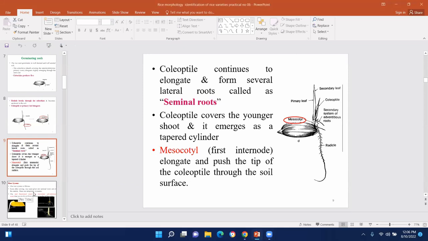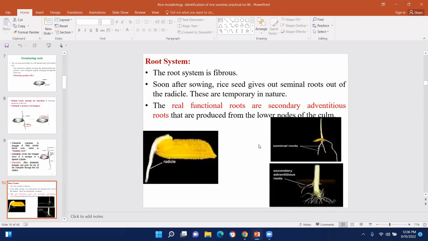When you see slide number 10, or 9? 9. Okay, now okay?